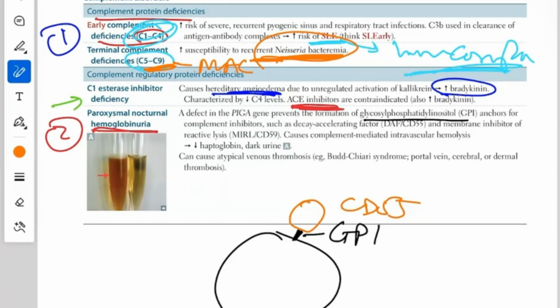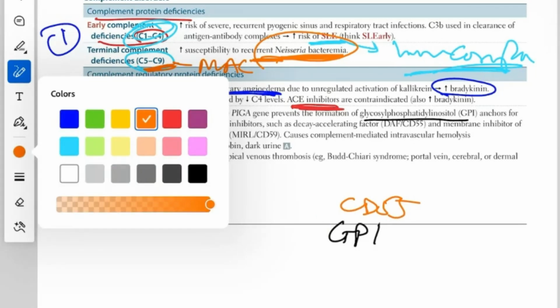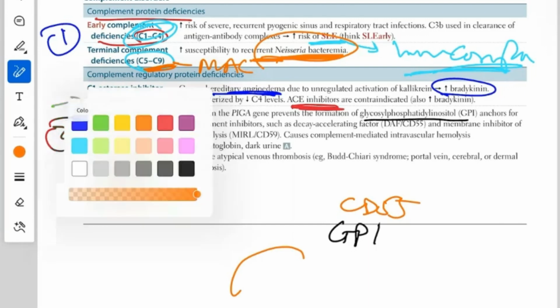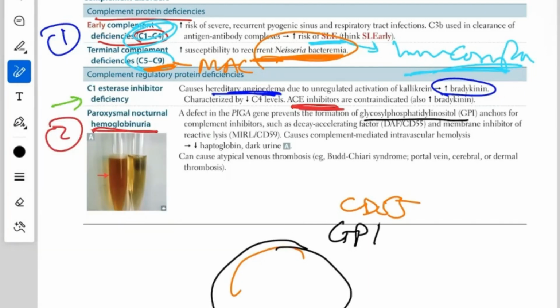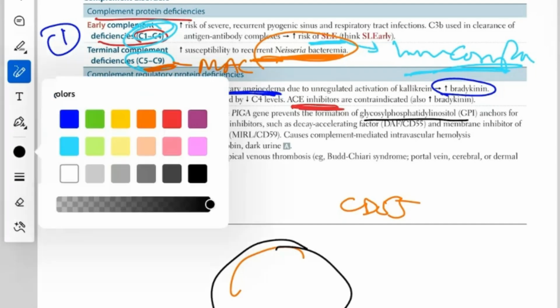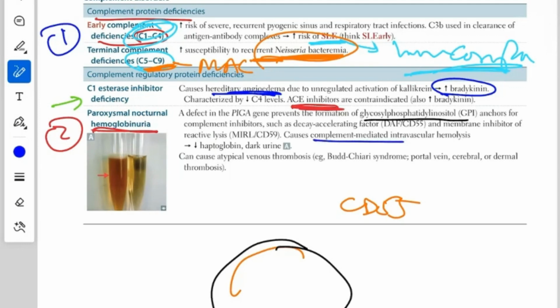So if you don't have your GPI, right? If the PIGA gene is gone or mutated or absent for some reason, that means you will not have your GPI on the cell surface. And if you don't have your GPI, that means no CD55 will be anchored to the cell surface, and therefore that cell will be open to attack by the complement system, leading to intravascular hemolysis.